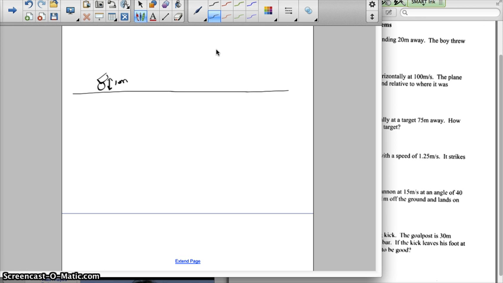They're launched through the air like that, and they're caught on a net 2 meters above the ground. So I'll draw a net here. Okay, and I'll say that's 2 meters.